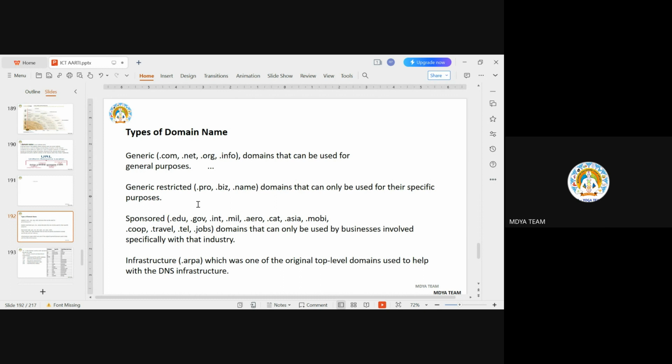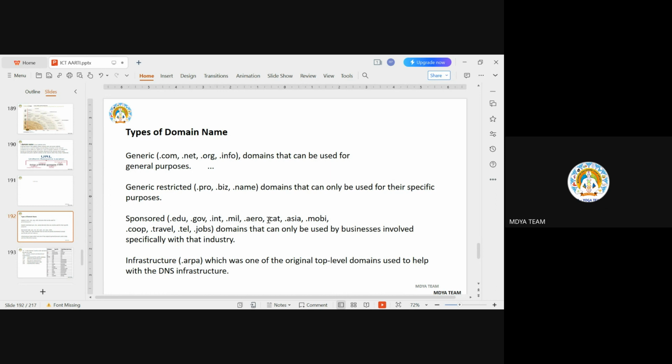Generic restricted are .pro, .biz, .name, which are for specific purposes. For education, the top level domain is .edu. For the government side, it is .gov. For the military, it is .mil.